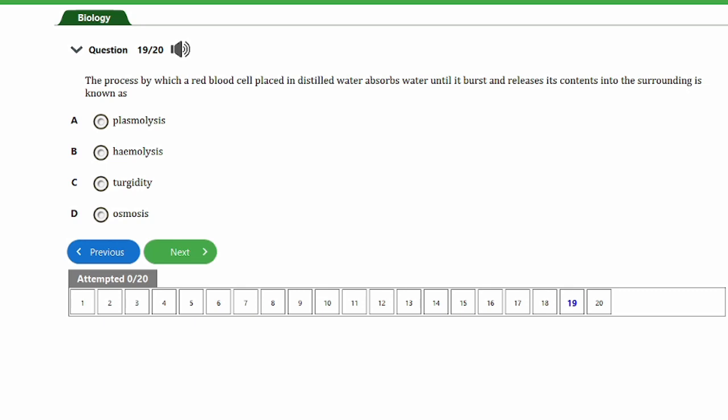This is actually always due to endosmosis, due to the fact that water is constantly moving into the cell. So this usually occurs when the red blood cell is in a hypotonic solution. Water always leaves the surrounding and enters into the red blood cell until the red blood cell is no longer able to bear it, and then it bursts and releases its contents into the surrounding.